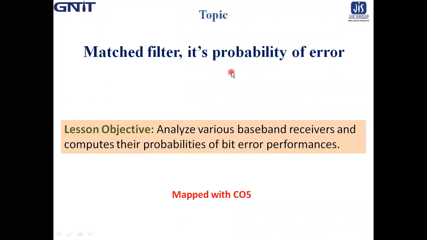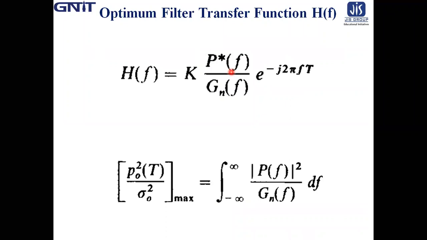In the last class, we completed the optimum filter and found its transfer function, which was H(f) equal to K into P star(f) by Gn(f), where P star(f) is the complex conjugate of P(f) and Gn(f) is the noise spectral density, times e to the power minus j 2 pi f T. The maximum value of the ratio, gamma square maximum, that is maximum of p0 square(T) by sigma 0 square, equals the integral from minus infinity to plus infinity of mod P(f) square divided by Gn(f) df.